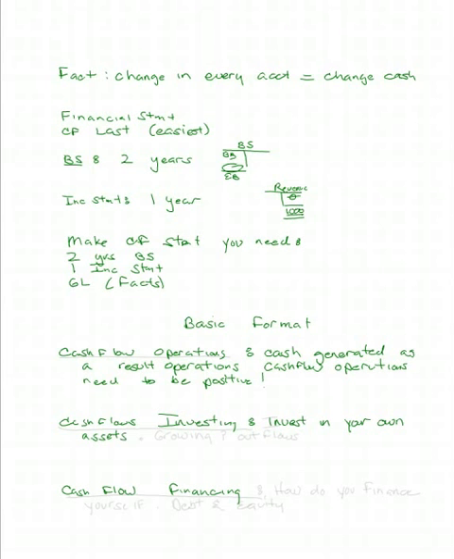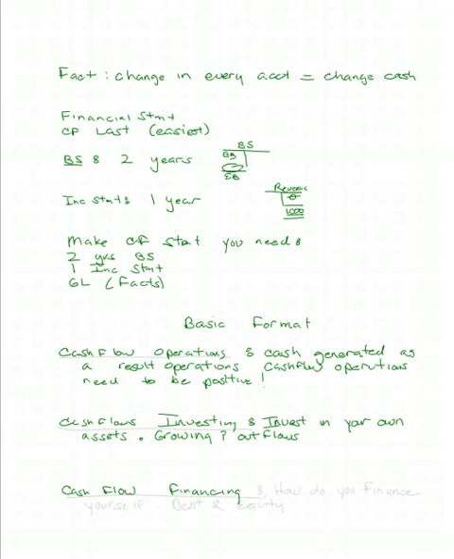When you buy them, it's an outflow. When you sell them, it's an inflow. So investing in your other assets is what we consider cash flow from investing activities. If you're green and growing, you're probably going to have outflows as a general rule, because you can't sell off your assets. You can't play that card too many times before you don't have any.